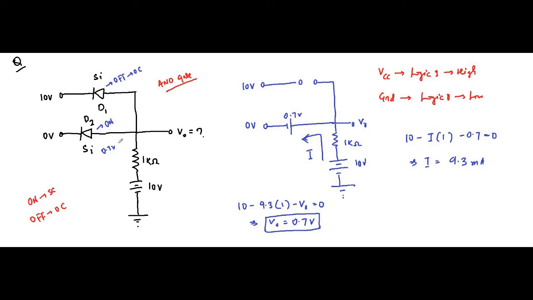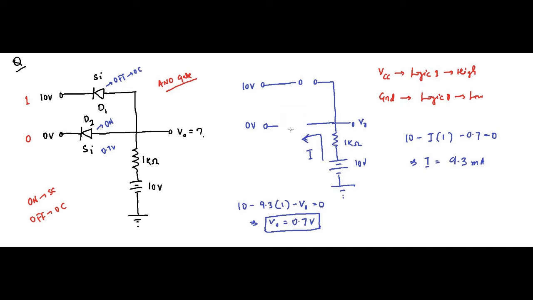So here this condition, 10 volt and 0 volt, means that this input is connected to logic 1 and this one is connected to logic 0. So this diode is off, it is open circuited, and this one is on, it means it is short circuited. So let us replace it with a short circuit.